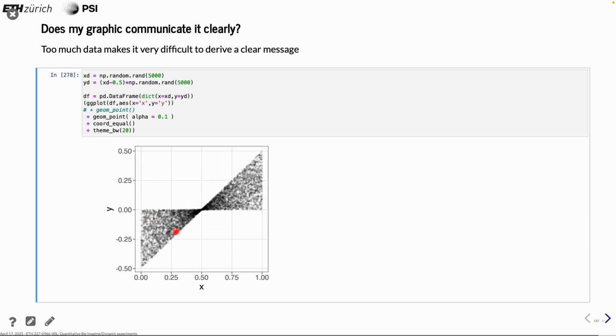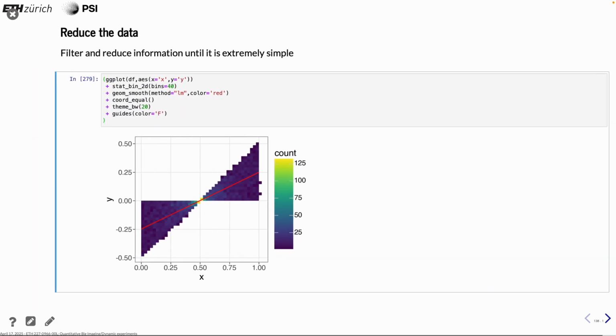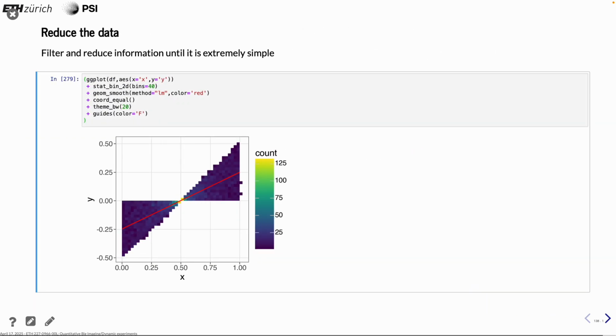This is a different data set, actually. You have some scattered data, and in the middle you have a higher density, but this plot is hard to interpret. So we could do something like this, where you instead do a local histogram-like plot, where you can see the trend, and the values here are the count in each region, and give it a trend line. That makes it easier to understand this plot.